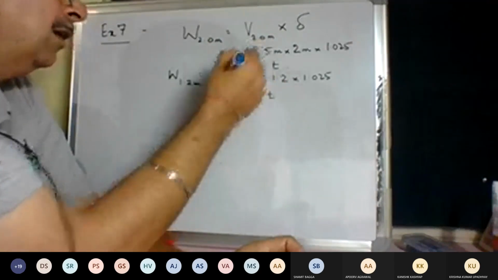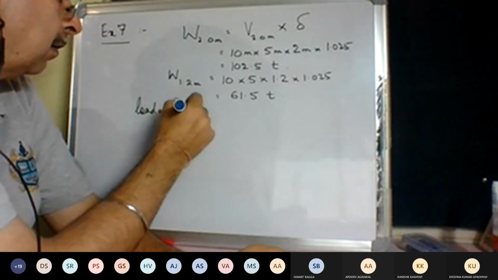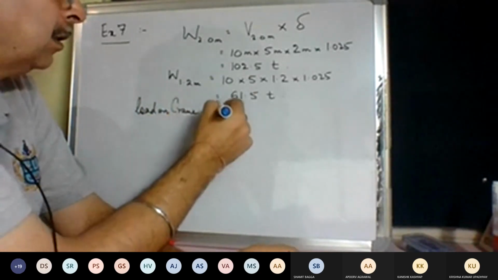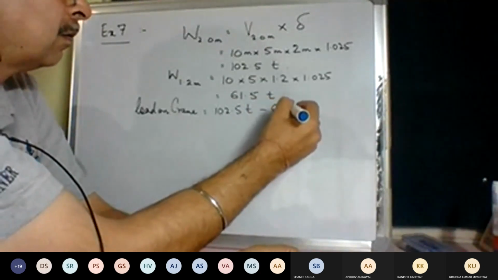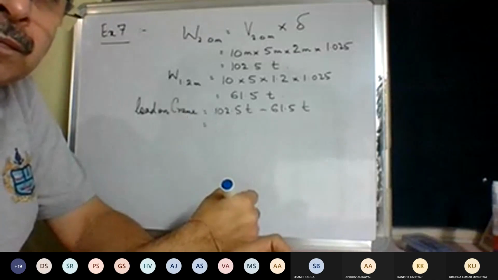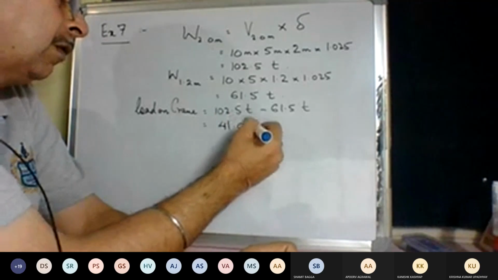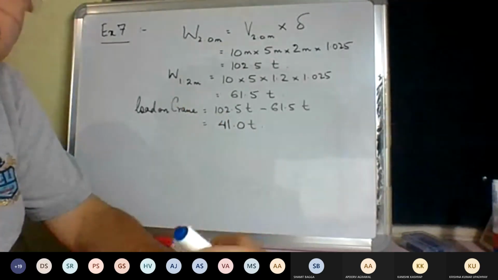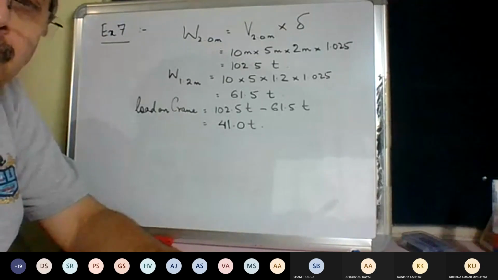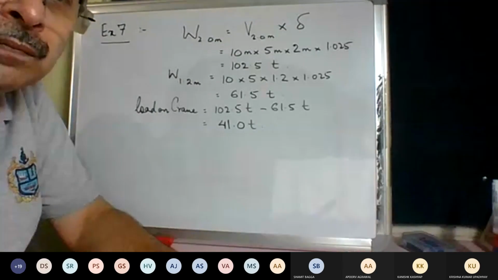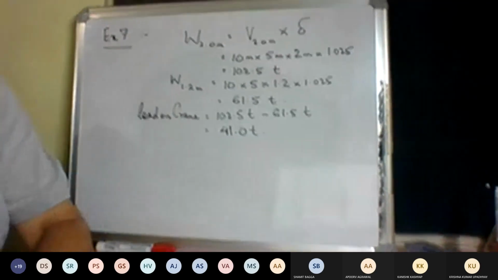So the load on the crane will be the difference of the two. That will be the load on the crane. Is that okay? Yes, sir. Okay.